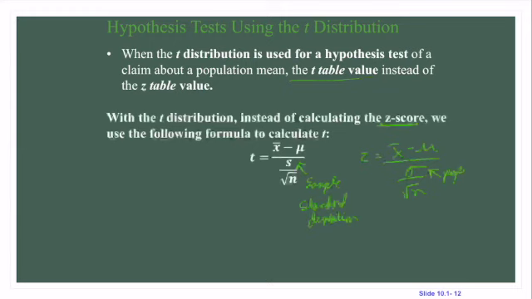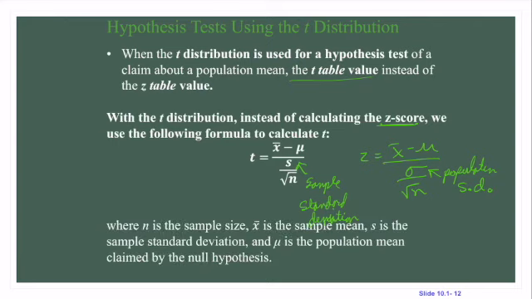But these two equations should look pretty similar. And again, n is our sample size, x bar is our sample mean, s is the sample standard deviation, and mu is our population mean that we claim in our null hypothesis, right? Our null hypothesis is that there is no difference from the claimed value of the mean.